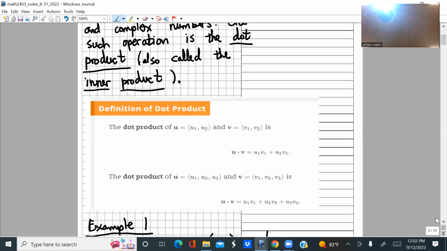The way you compute the dot product of vectors is you simply multiply the corresponding components of each vector and then add those products together. In 2 dimensions, if these are your two vectors, just multiply the first components together and the second components together, then add those two products. In 3 dimensions, same thing, except you'll have 3 products to compute.